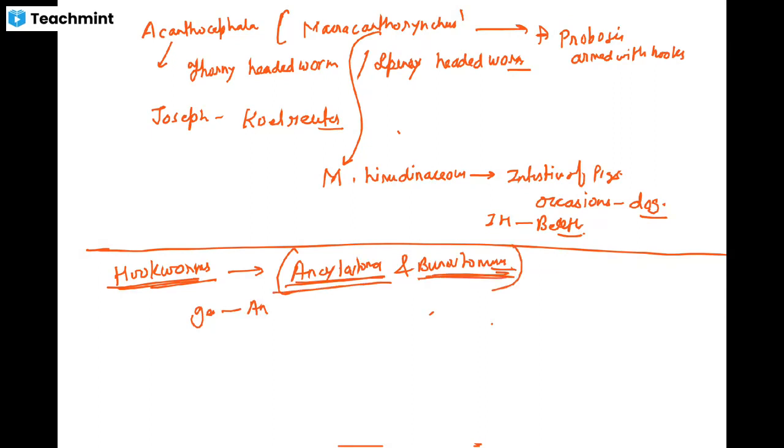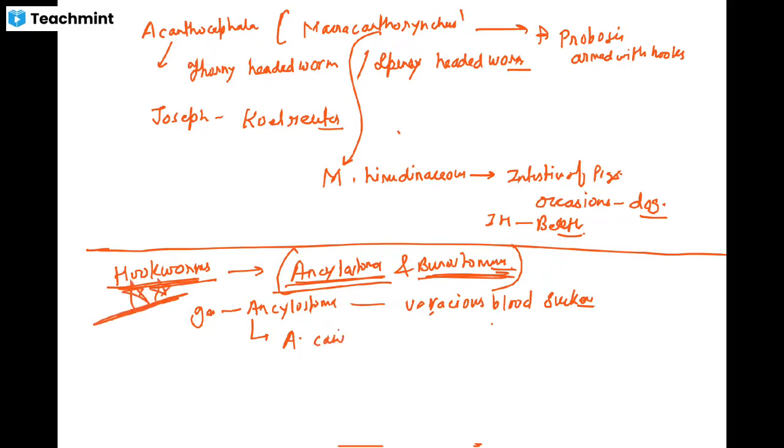Genus Ancylostoma are voracious bloodsuckers. The species are Ancylostoma caninum, which is an important parasite.